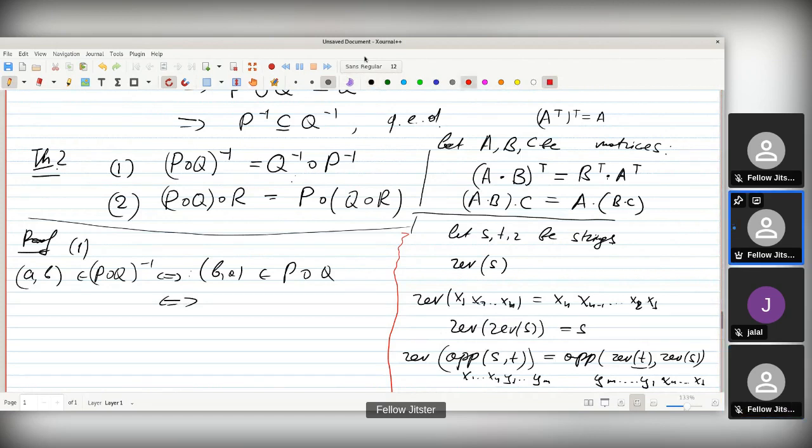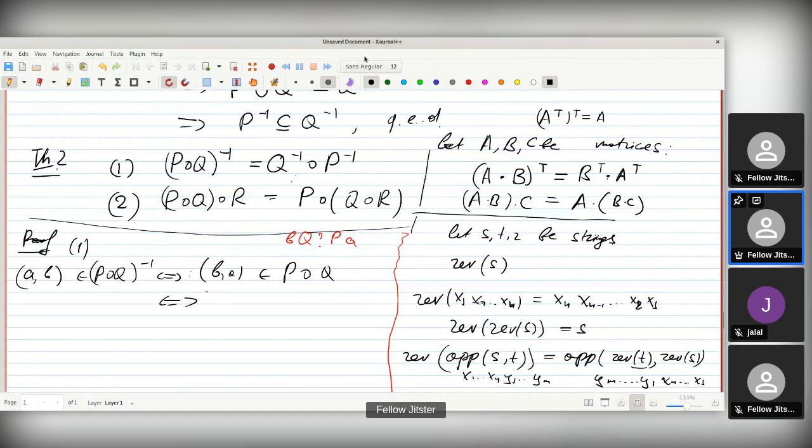What does it mean? That means that there is some path going from B, first by Q, then by P, and leading us to A. Do you agree?